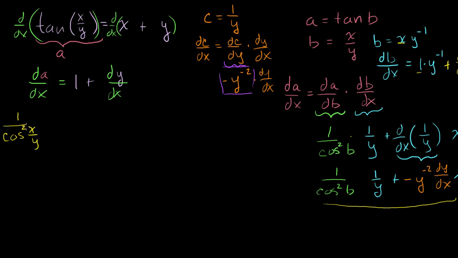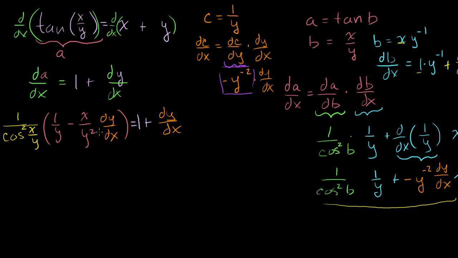Cosine squared of x over y times all of this stuff over here, times 1 over y plus, or maybe I should say minus, if I just simplify, this is x over y squared, times dy dx. And then that is equal to the right-hand side. It is equal to 1 plus dy dx. And now all we have to do is solve for dy dx.